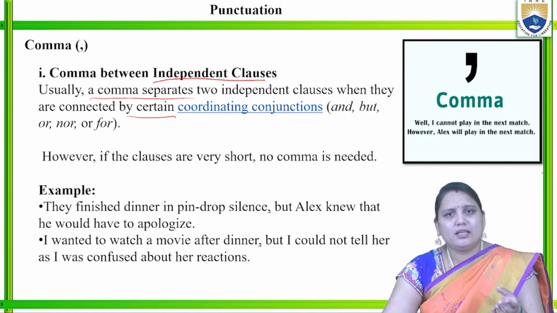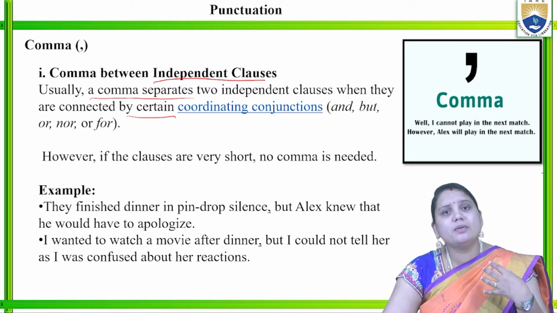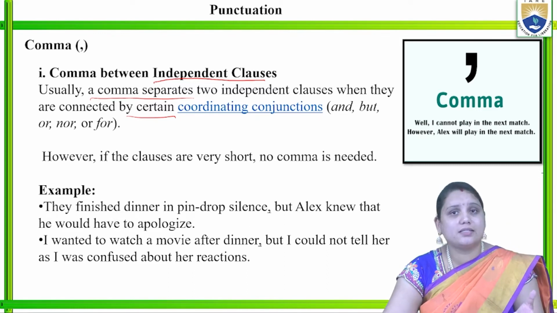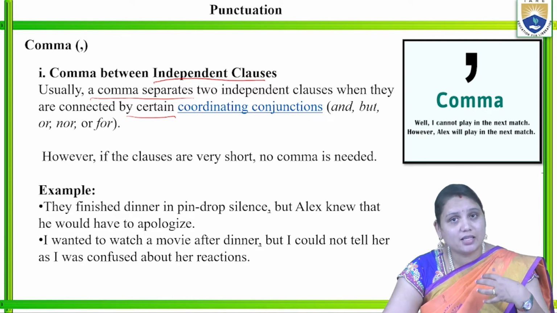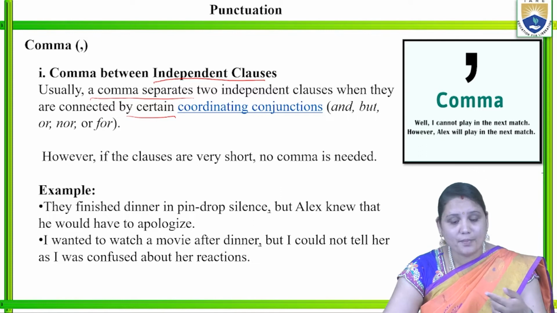If they are short, you neither use any comma nor any kind of punctuation mark there. You can just give out your message without any pause. But if it is a long sentence, if you have to take a breath, if you are going to take a pause, you have to use this comma.